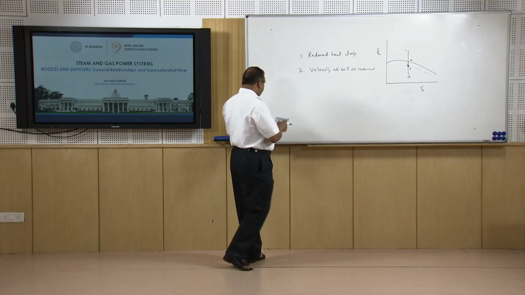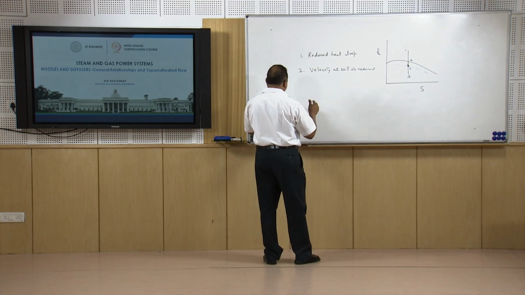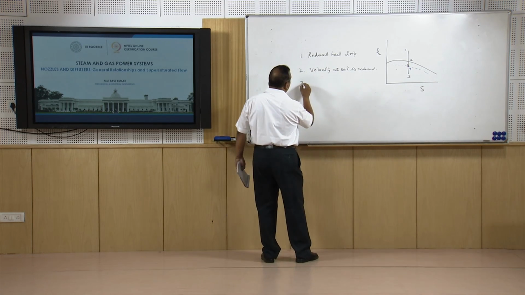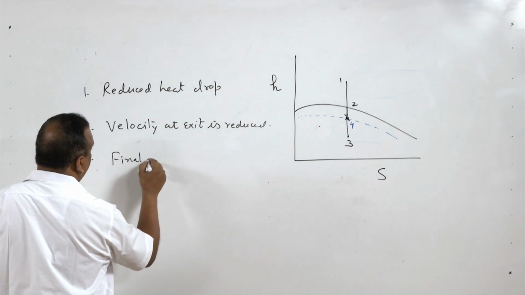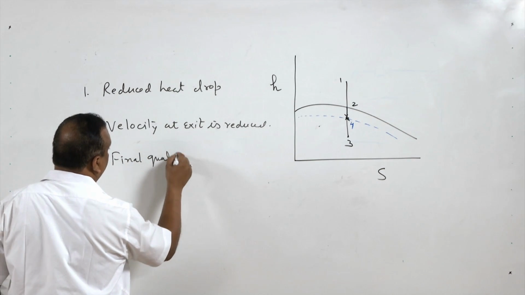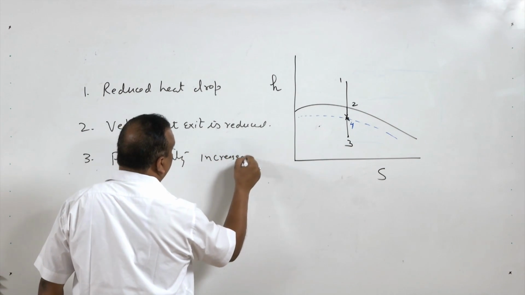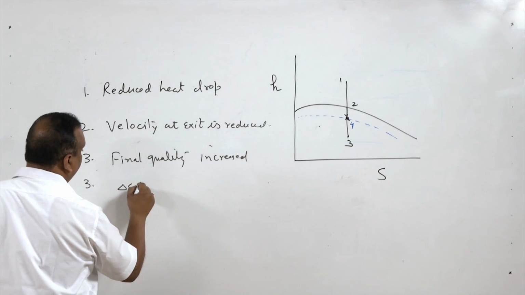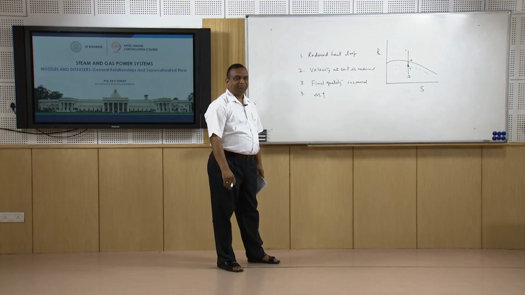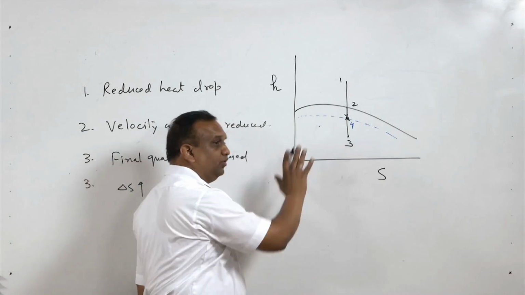And number three, the final quality of the vapor is increased, and entropy is also increased. That is the effect of supersaturated flow through the nozzles.